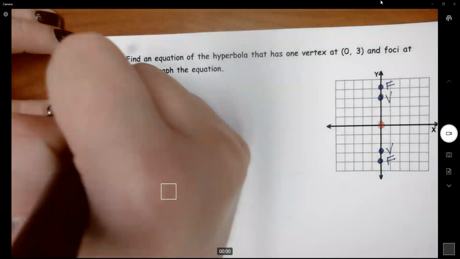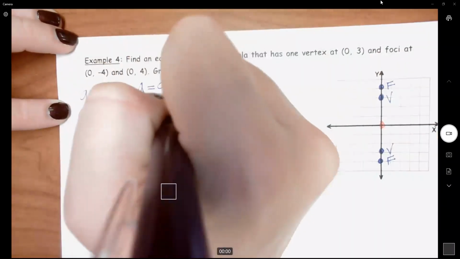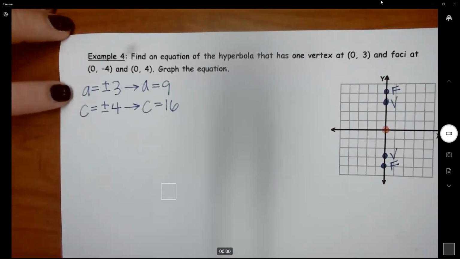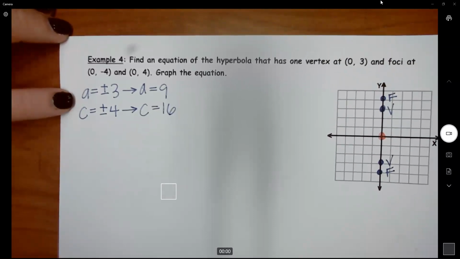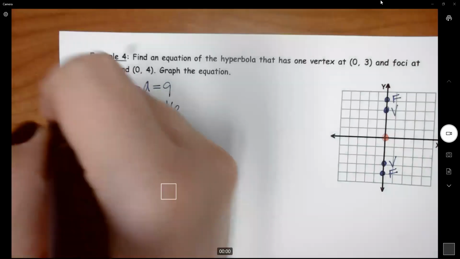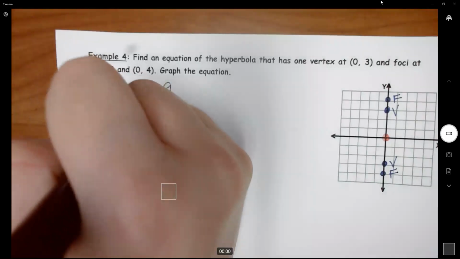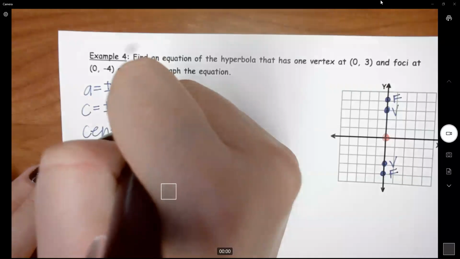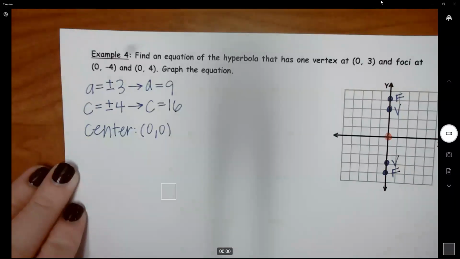So c is plus or minus 4, which means that c squared is 16. Okay, I also know a couple other things here. We have already stated that the center is at the origin.